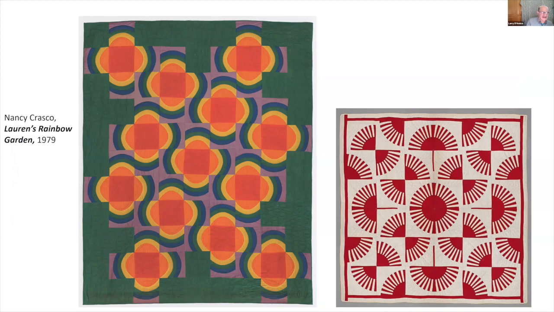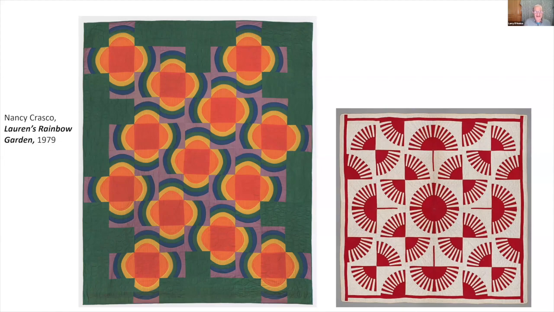And Nancy Cresco, speaking of painters, she's a mixed media artist. She paints and does a number of different things. The figure ground stuff going on in this particular piece is really interesting. If you try and follow those blue and green boundaries and see how they weave in and out from the background into the foreground, it's a really interesting piece.